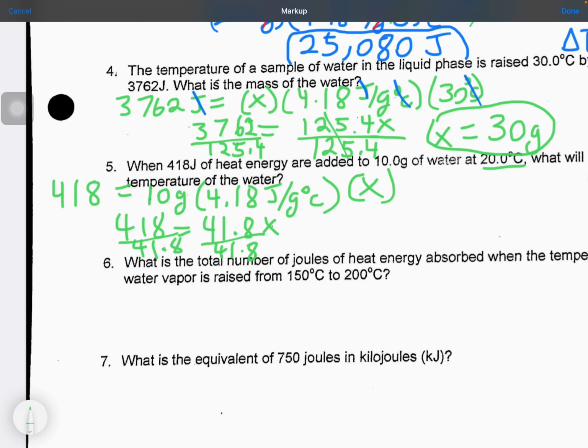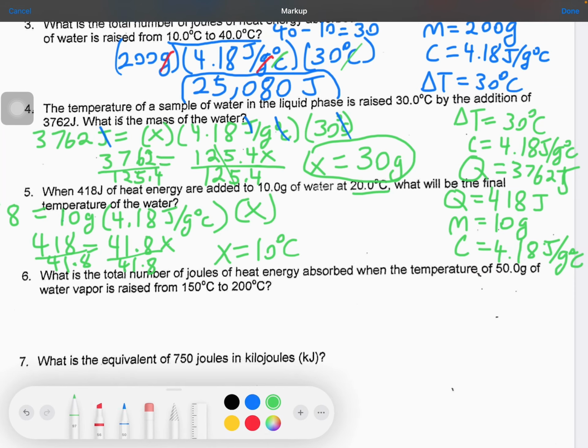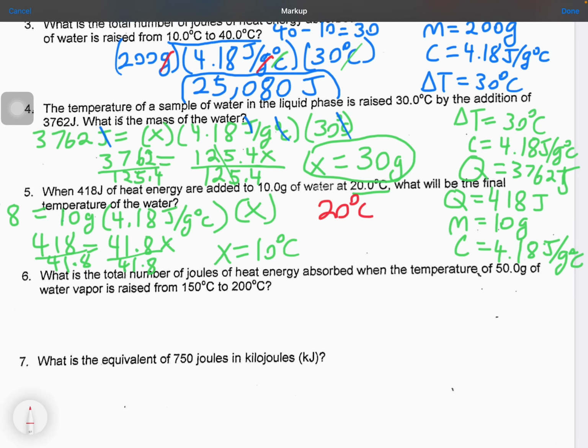And when you divide them, your X comes out to be 10 degrees Celsius. So to find your final temperature, all we're doing is adding 20 degrees Celsius plus 10. And so your new temperature is going to be 30 degrees Celsius. And that's your answer.